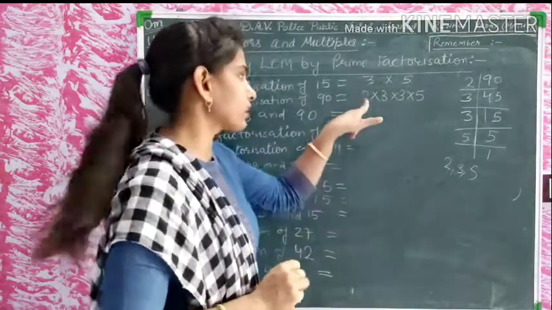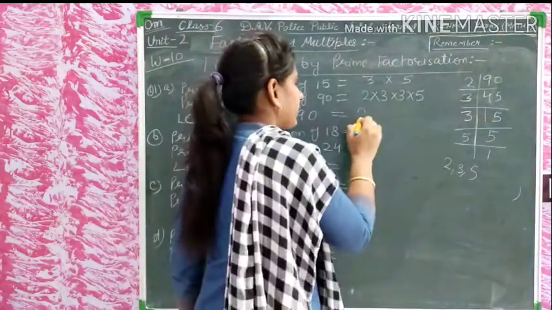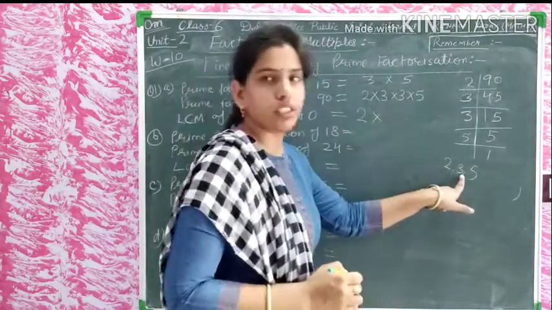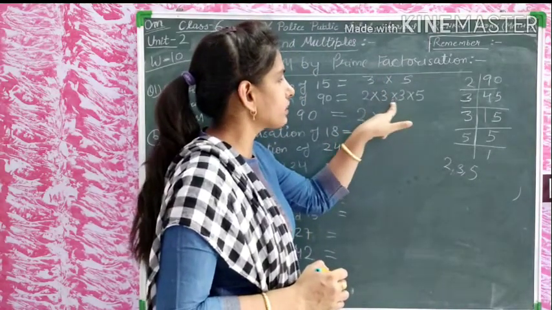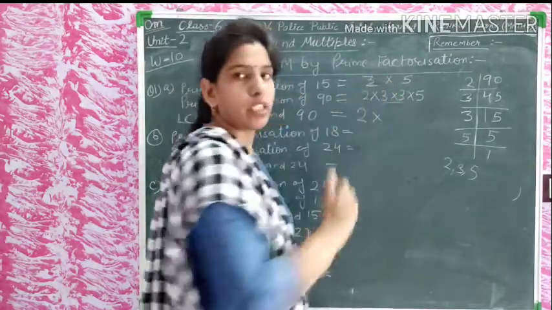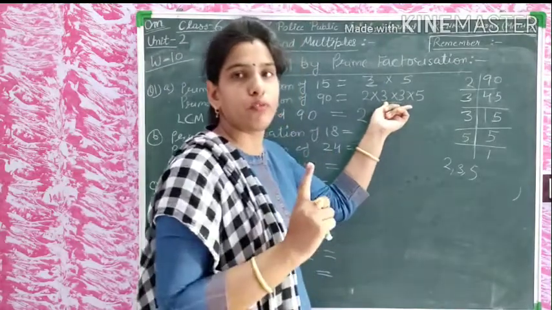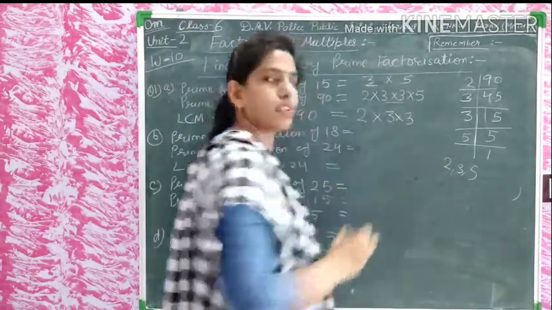Maximum, 2 occurs only one time here. So write it as 1 time. Is it clear? Now let's check the number 3. How many times does 3 occur? We have to count the maximum number of times. There are 2 times in one, and 1 time only in the other. It means we have to take the maximum times 3 occurs. This is 3 into 3. It will be done.